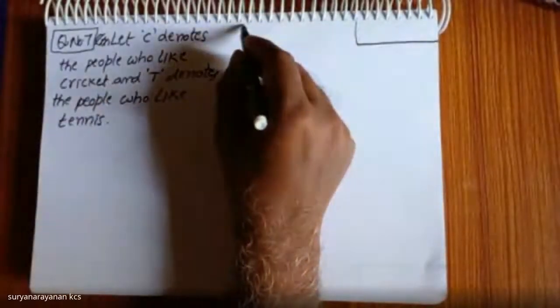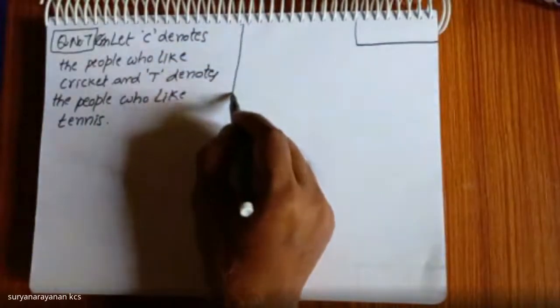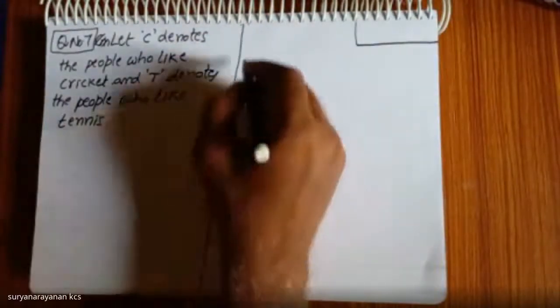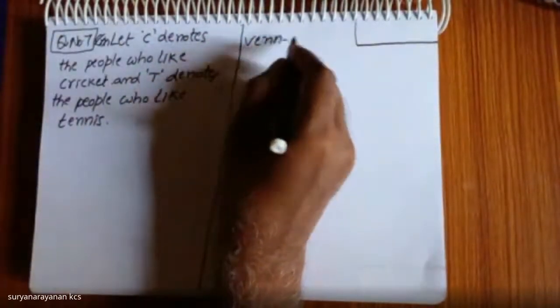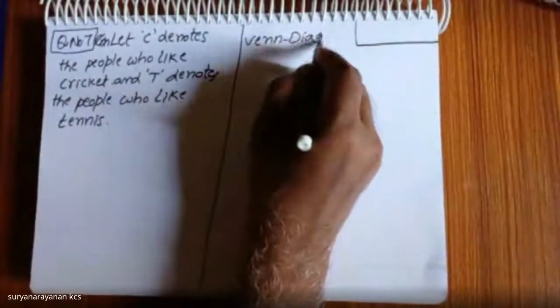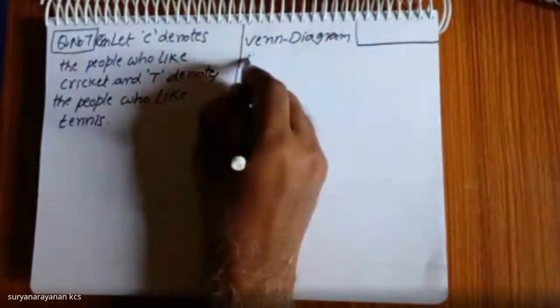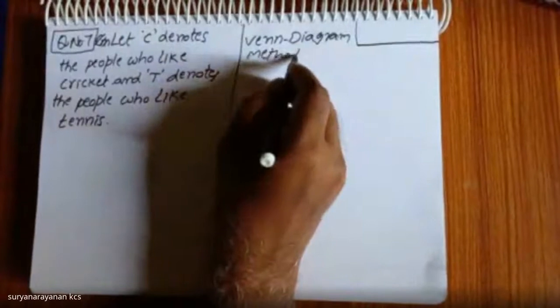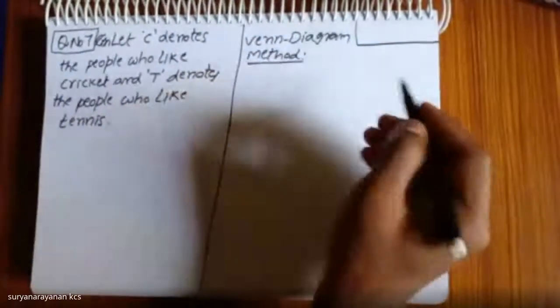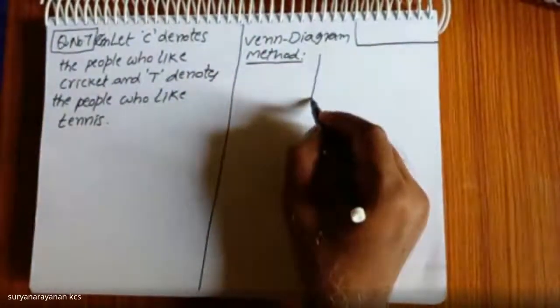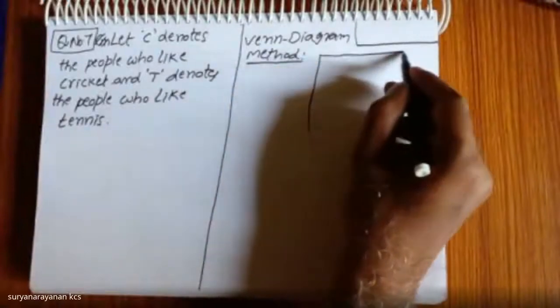Now, first we use this Venn diagram method. First, we represent the given data in the Venn diagram.